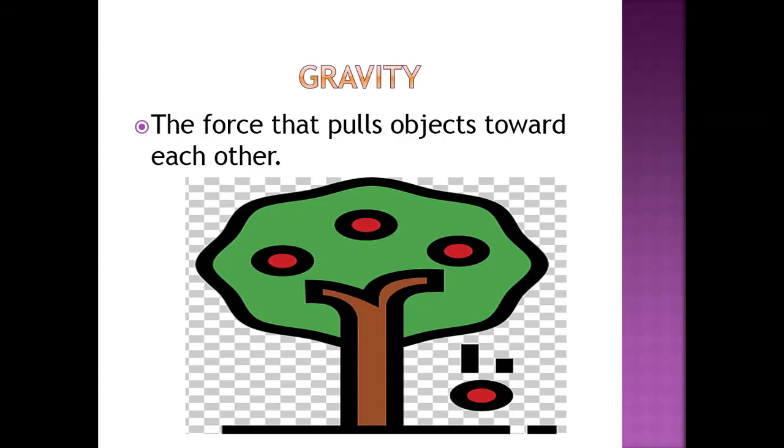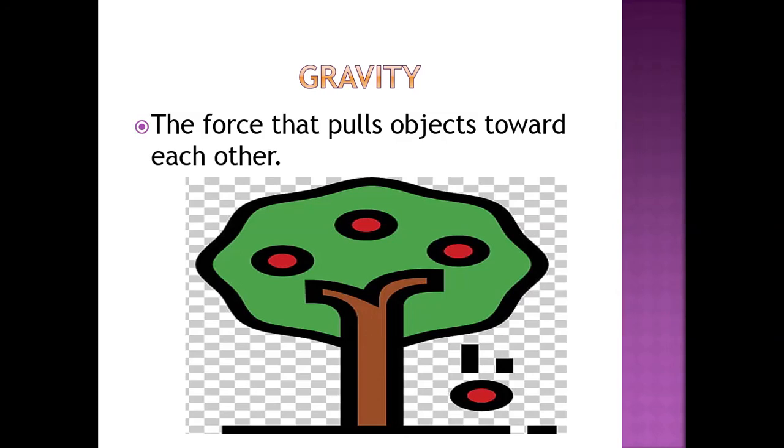to the earth. That doesn't mean that is the only way it can show gravity. It says it's a force that pulls objects toward each other. That means it is pushing or pulling them to one specific place.